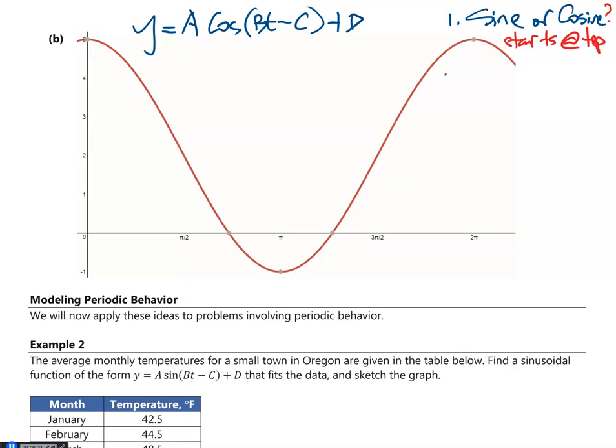So next is the amplitude, which is equal to the maximum minus the minimum over 2. So with this, what is the maximum? That is 5, and minimum is -1. So 5 minus -1 over 2, and 5 minus -1 is 6, over 2. So this is equal to 3. Your a is equal to 3.